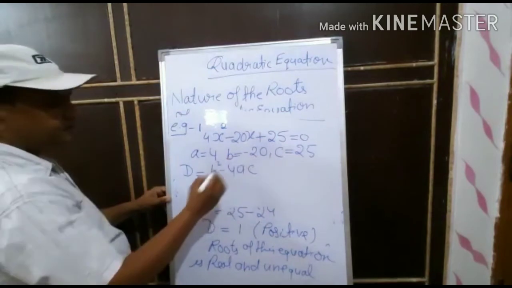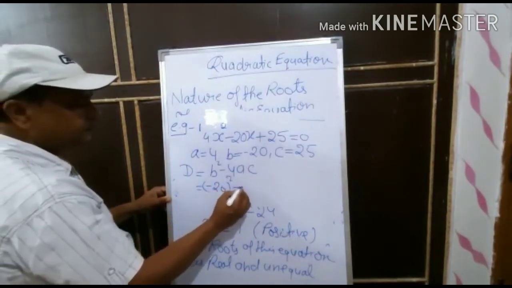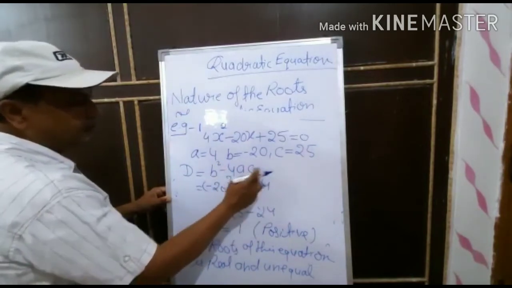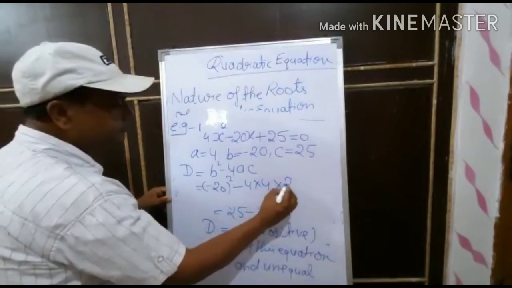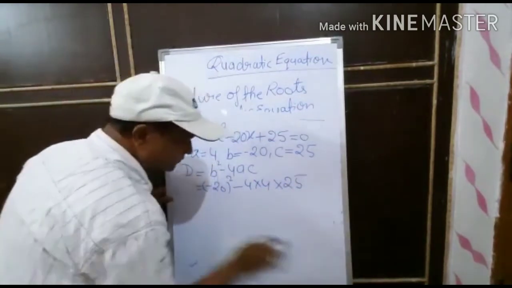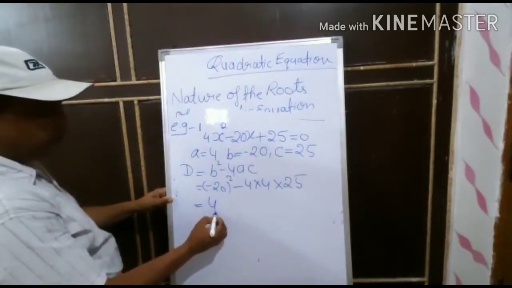b is minus 20 square, 4 into a, 4, the value of c is given 25. Minus 20 square becomes 400.